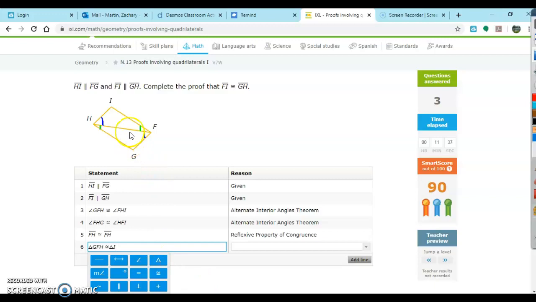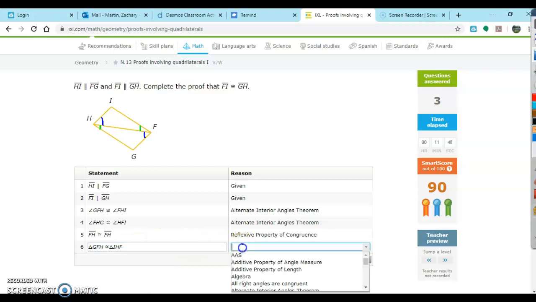So G and I correspond, and then I've got angle F within this triangle. That's the blue one, right? So that corresponds to H in the other triangle, HF. We said angle, side, angle, didn't we? So angle, side, angle congruence theorem.